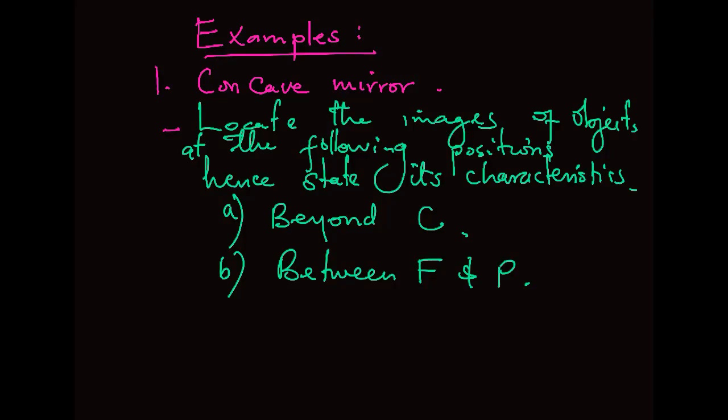Let us now look at a few examples on how images are formed by curved mirrors. Number 1, concave mirror. Locate the images of objects at the following positions, hence state their characteristics.